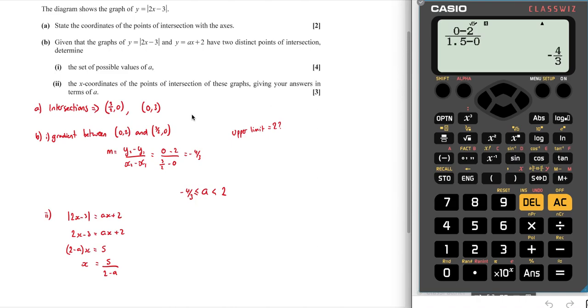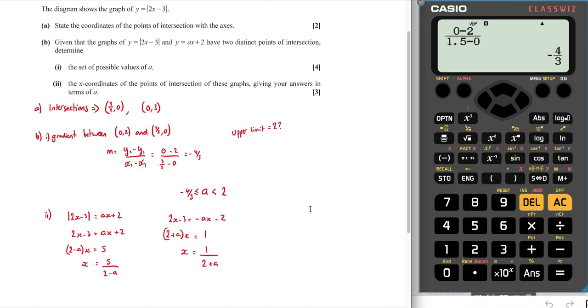So you're going to have 2x minus 3 is minus ax minus 2. Make either side negative, whichever one is easier for you. So again, (2 plus a)x is equal to minus 2 plus 3, which is 1. So x is 1 over 2 plus a, and I think that's it.